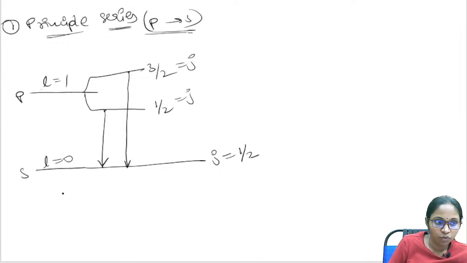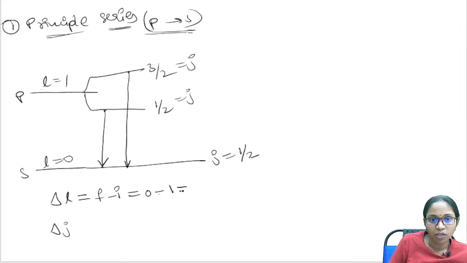You have to follow these rules for the electron transition. Initially check with delta L and then delta J. So here delta L is final state minus initial state, which is 0 minus 1, equal to minus 1. And coming to delta J, for the first spectral line, delta J is 1 by 2 minus 1 by 2, which is 0.